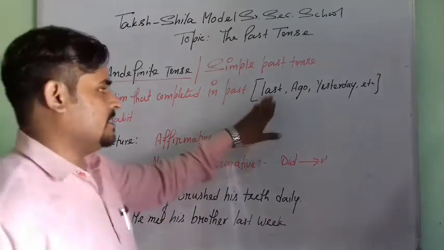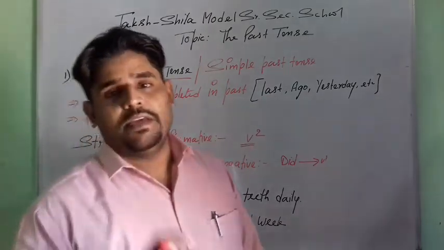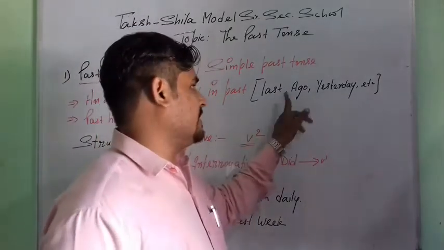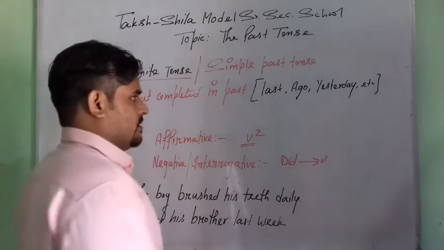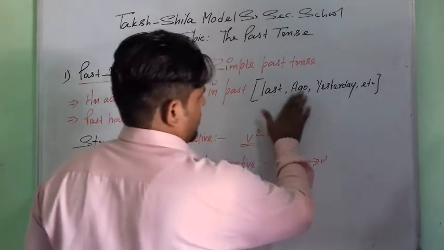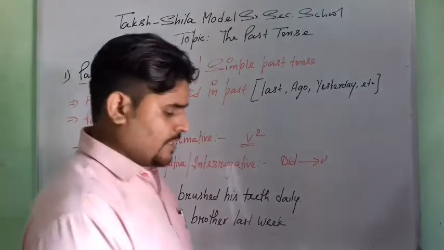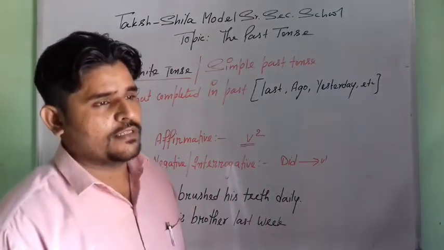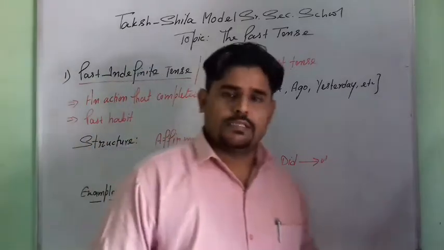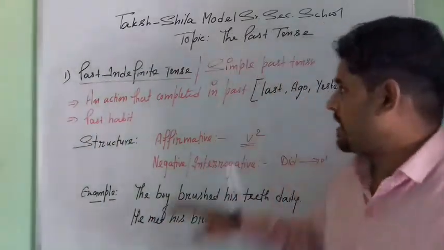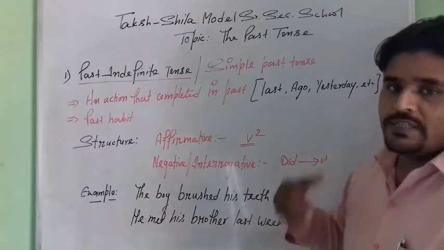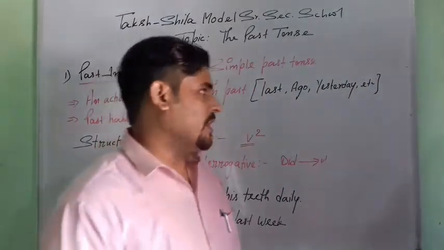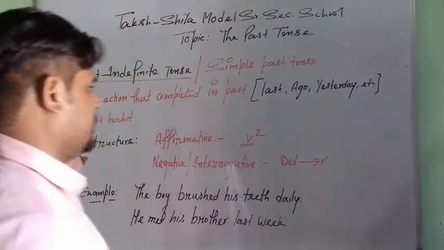The time can be any one of your adverbs of time, like last, ago, yesterday, etc. There are some more adverbs of time like that, जो आपको sentence के last में मिल सकते हैं. When we see these tag words as adverbs of time at the end of the sentence, we immediately conclude that this sentence is a part of past indefinite tense.